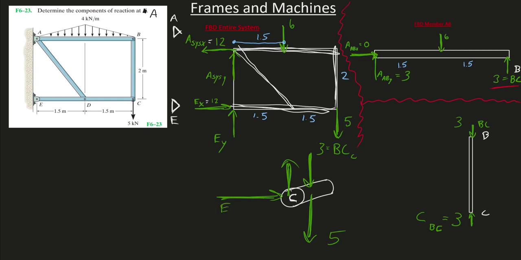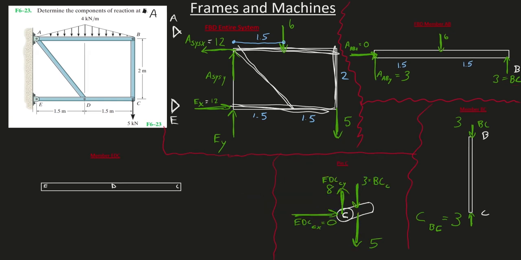This is the force from EDC on C in the X, and the force from EDC on C in the Y. Well, simple sum forces X and Y here. This guy's going to have to be strong enough to take on this 3 and this 5. So he's going to have to be 8. And this guy has no one to balance him, so he must be a 0. Alright, so we navigated that one pretty successfully.